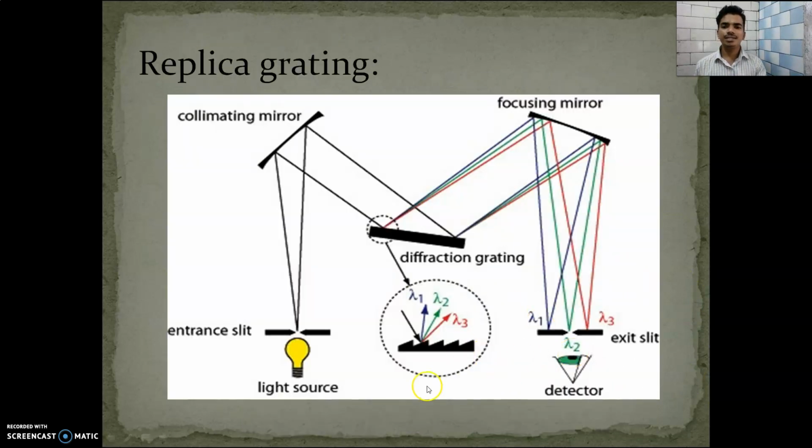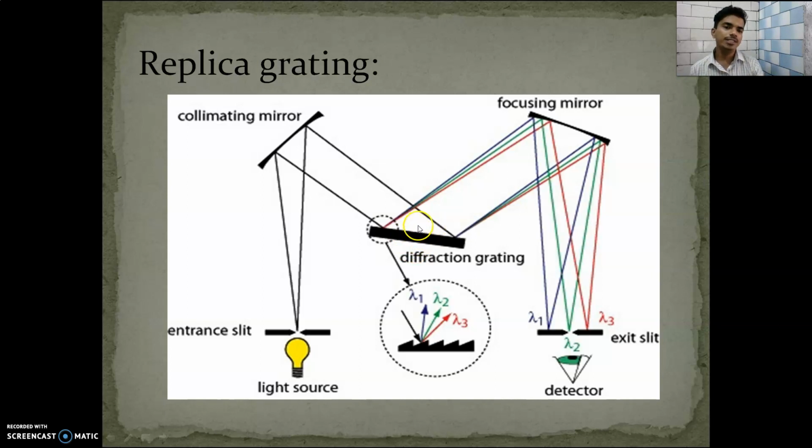So this is the working: a light source of UV radiation produces monochromatic or heterochromatic light, and a collimating mirror gives direction to the light on the diffraction grating monochromator.